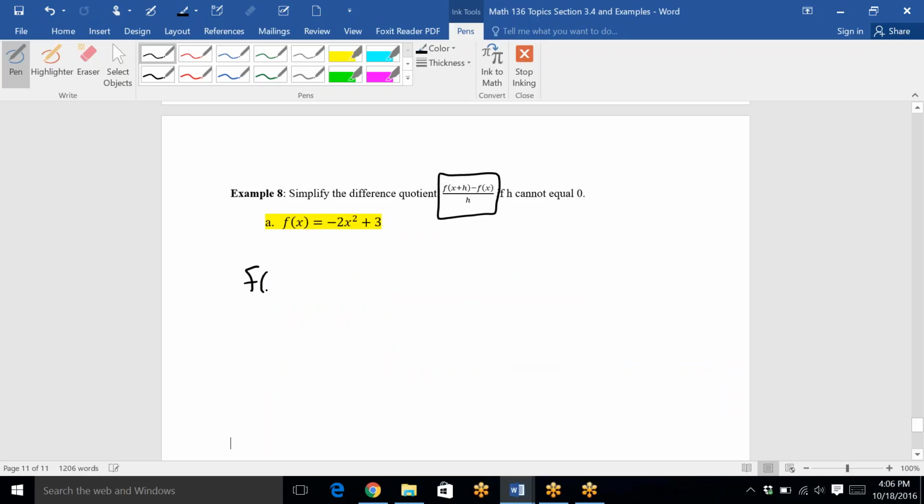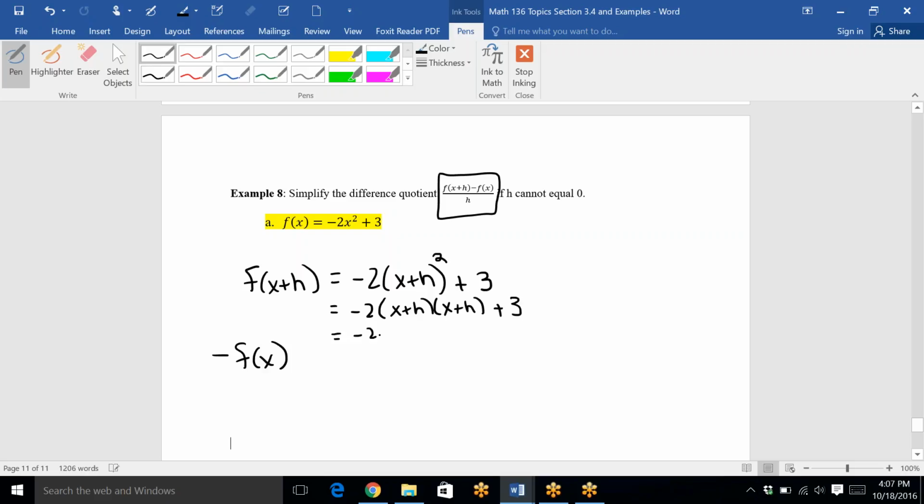So we need to do f of x plus h, and we also need to find negative f of x so that we can plug them into our numerator. So negative 2 times x plus h in for the whole thing where that x used to be, and then plus 3 at the end. We need to FOIL this since it's being squared.